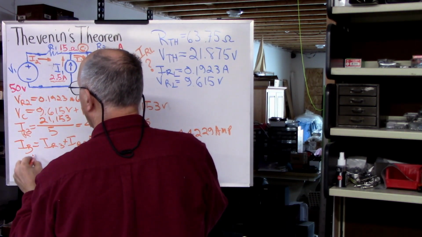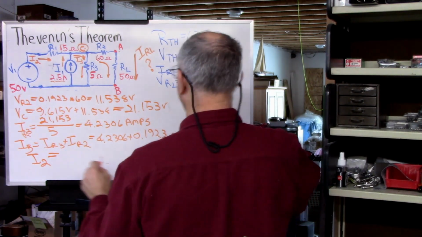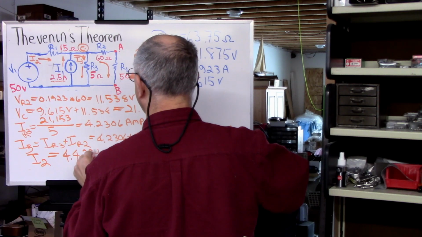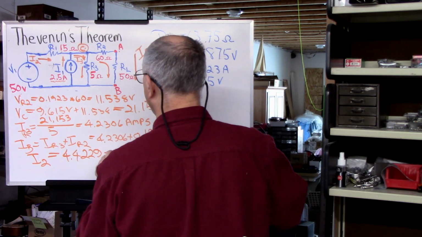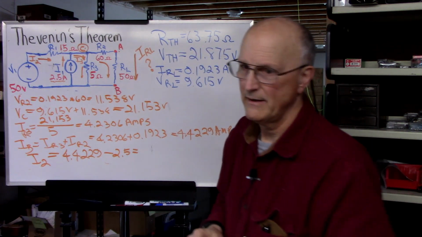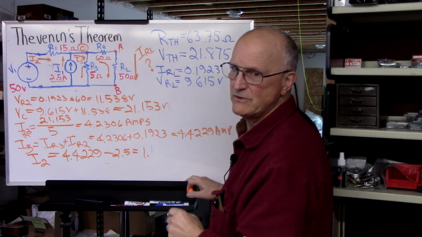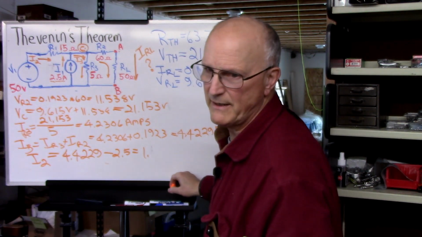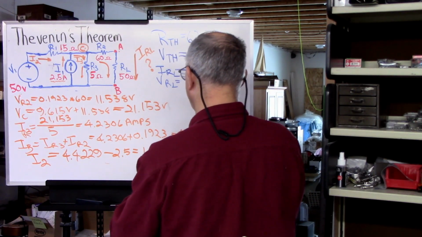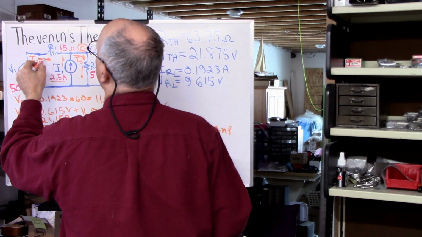So that means that I2 must equal I3, 4.4229, minus I1, which is 2.5 amps, which gives us 1.9229 amps through R1.